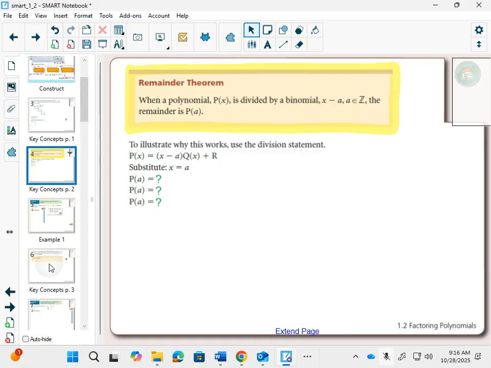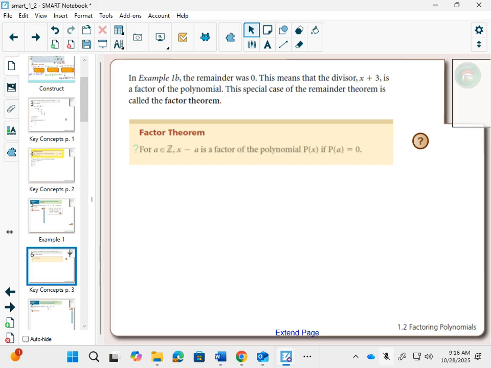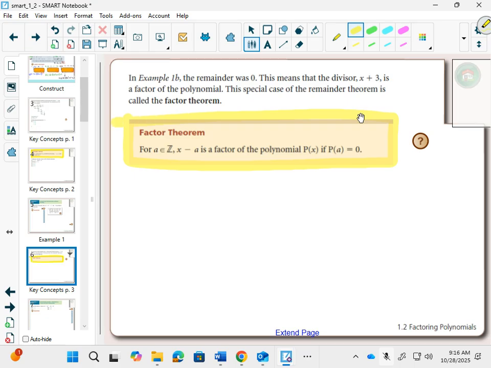And if your remainder happens to be 0, and this is on page 17, we can put a big highlight box around this as well. This is just an extension of the remainder theorem: when you plug it in, if it happens to equal 0, well then that implies not only is there no remainder, but what you were dividing by is a perfect factor.